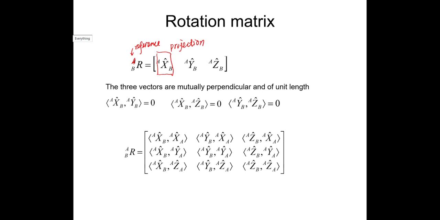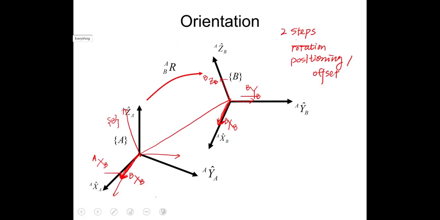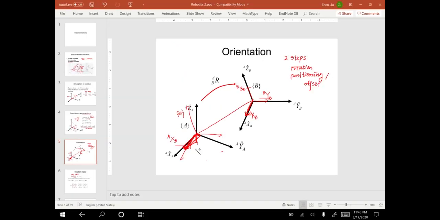So the projection is to the X axis in A, to the Y axis in A, and Z axis in A. So if we take a look, this thing here is XB A, and if we consider the projection right here, that is the projection of XB A with the unit of A, so that is XA A. Okay, so that is projection.